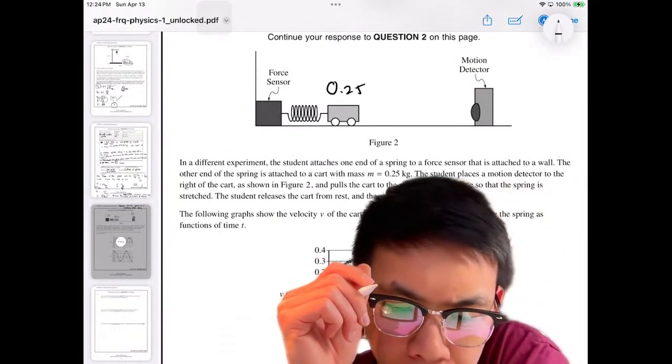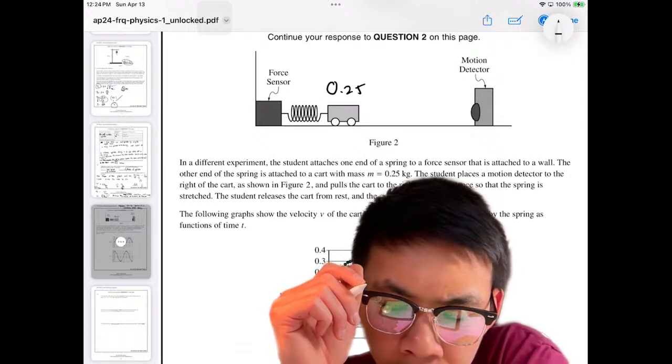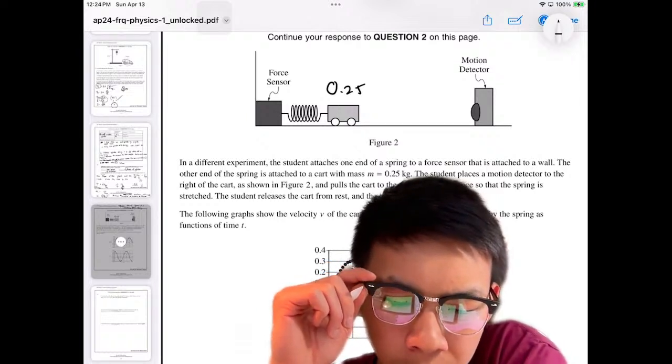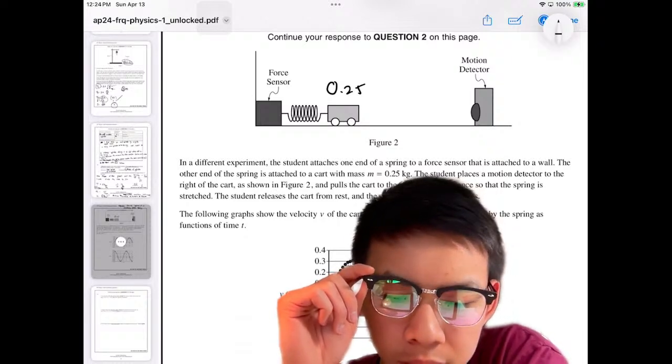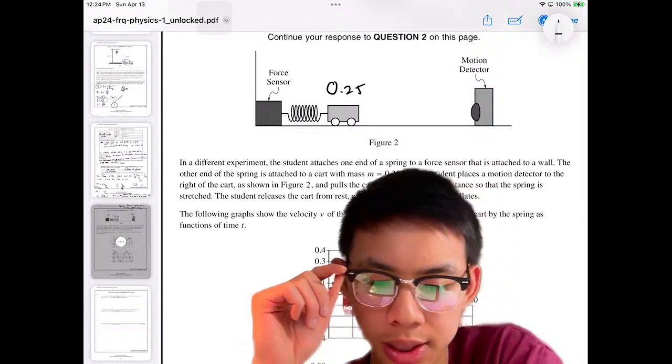The student places a small motion sensor to the right of the cart, pulls the cart right a small distance so the spring is stretched, and releases the cart from rest. The cart-spring system oscillates.